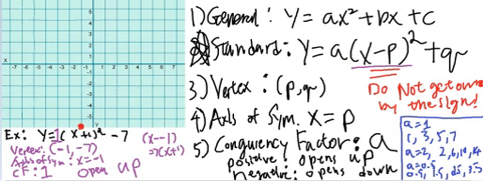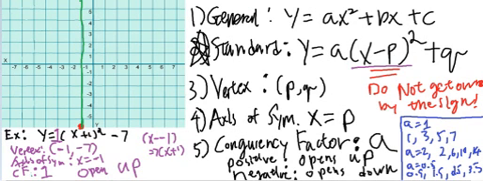And the axis of symmetry: x equals minus 1. This line is x equals minus 1. It opens up, so you guys know how a parabola looks. It goes from here to here, like this.